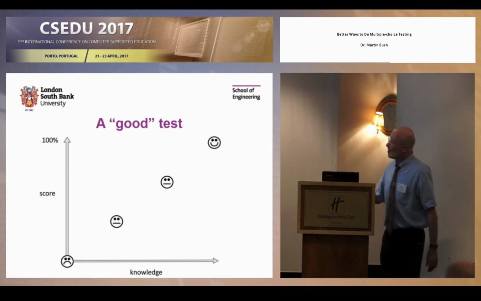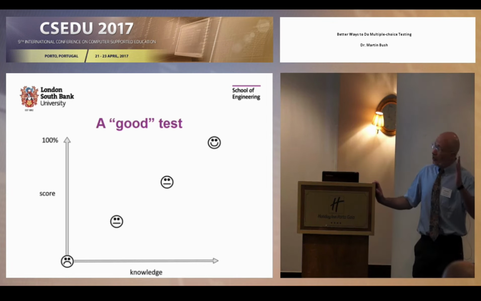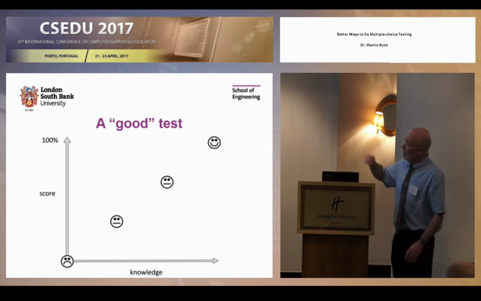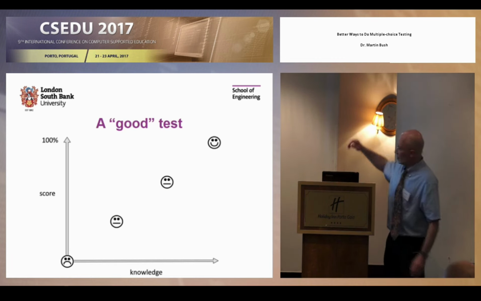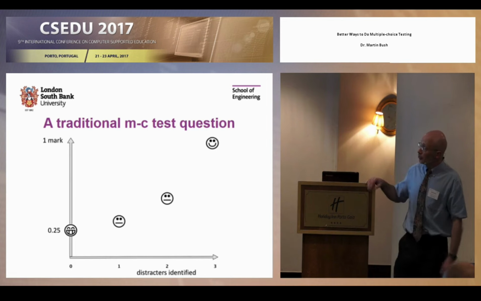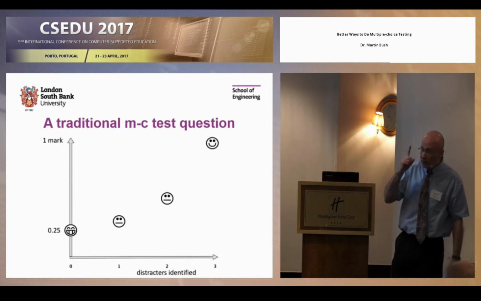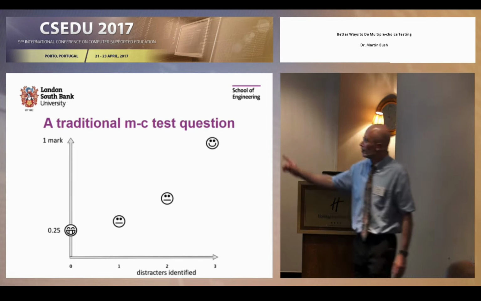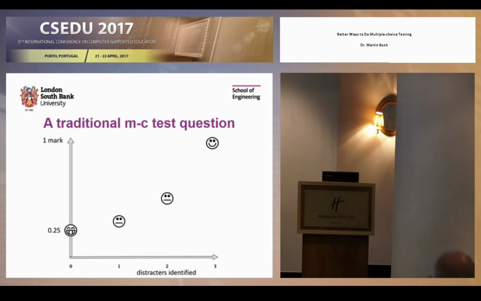Just to remind you, a good test has a profile like this, the knowledge versus the score. With a traditional multiple choice question, if we just look at one question, instead of knowledge, we can look at the distractors identified. With 4 answers, a distractor is a wrong answer, so there are 3 wrong answers.